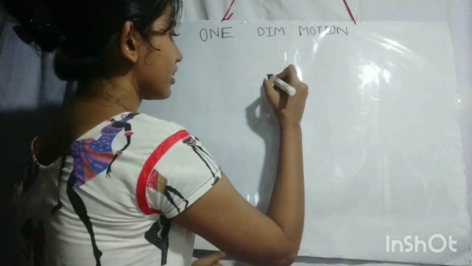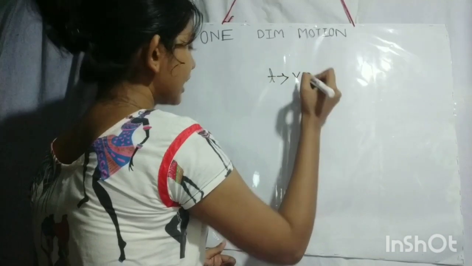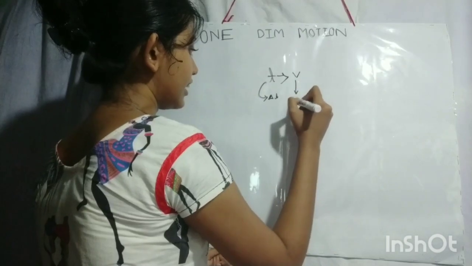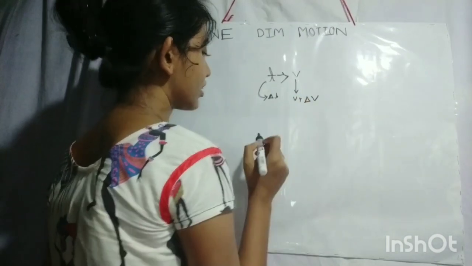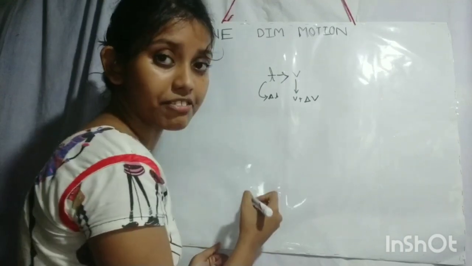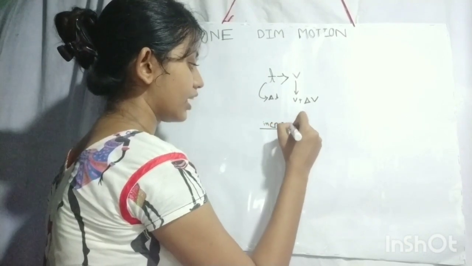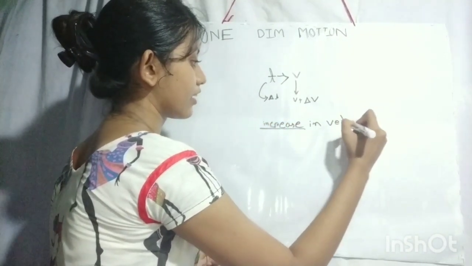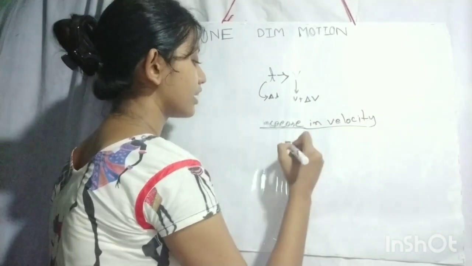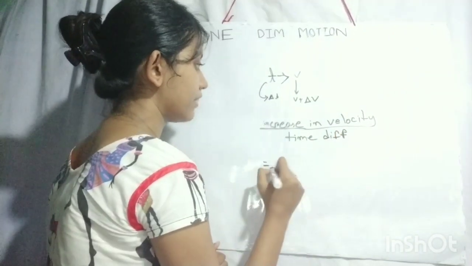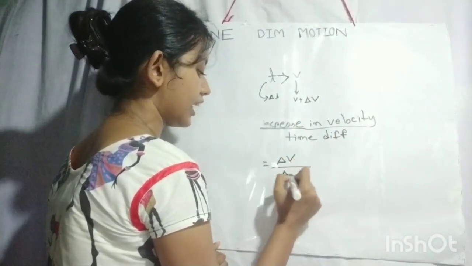Now let's talk about instantaneous acceleration or deceleration. Let at time t my car's velocity be v, and after a time delta t, my car's velocity has increased and become v plus delta v. So the acceleration is defined as the increase in velocity by the time difference, so here it will be delta v upon delta t.